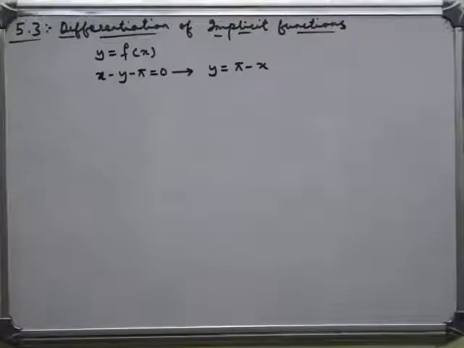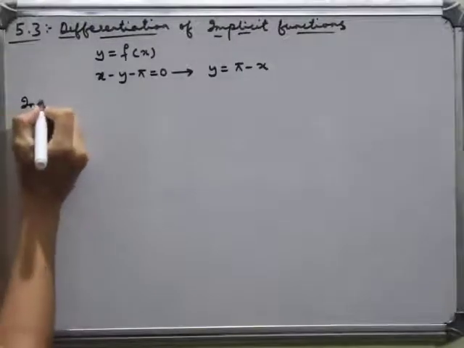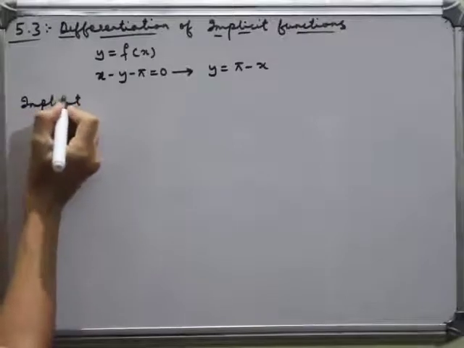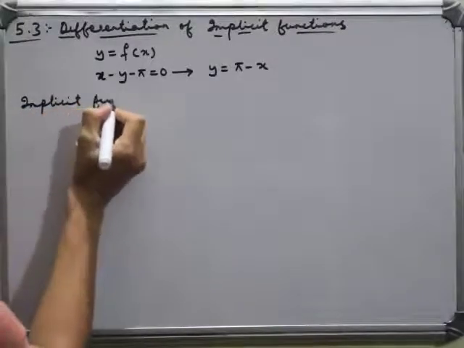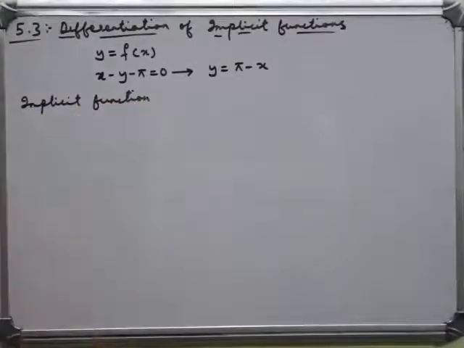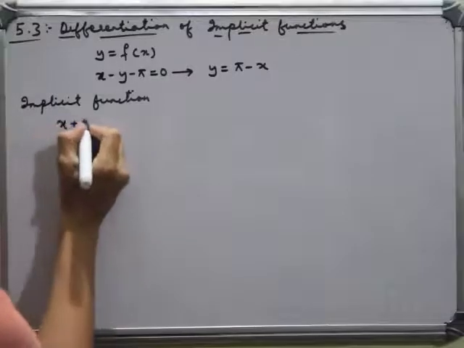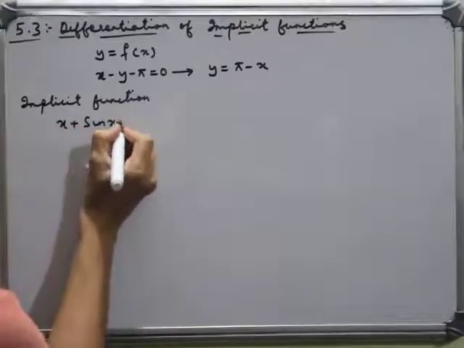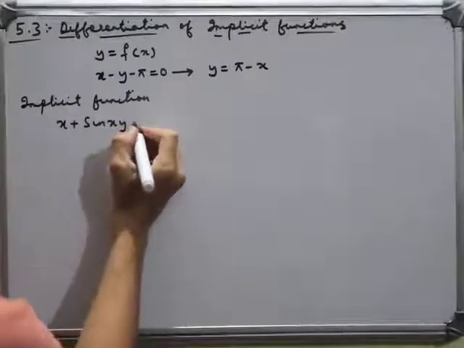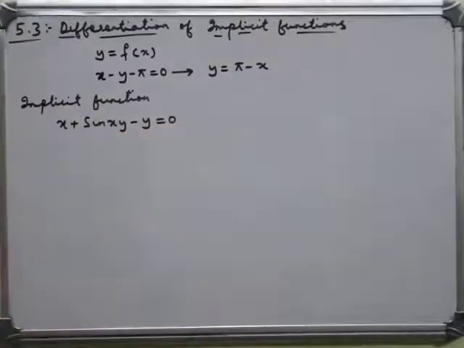Now let us take one more example. So this is the one which I am going to write is an implicit function. X plus sin xy minus y is equal to 0. Okay.